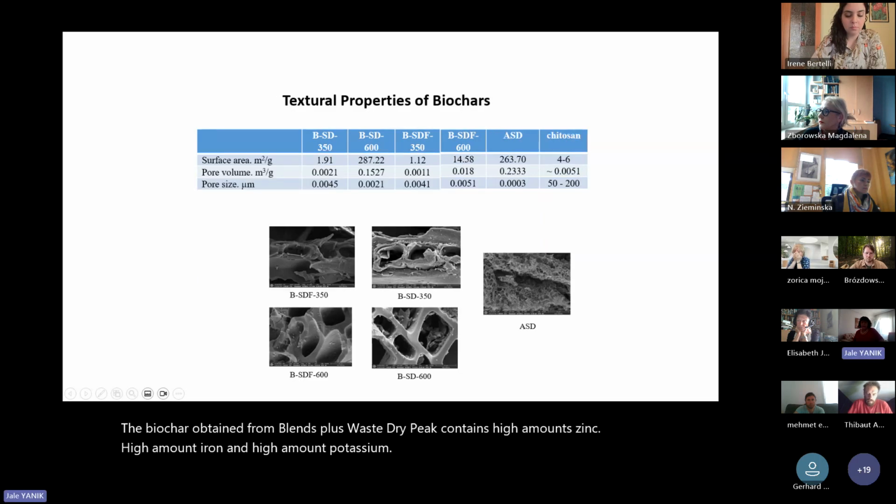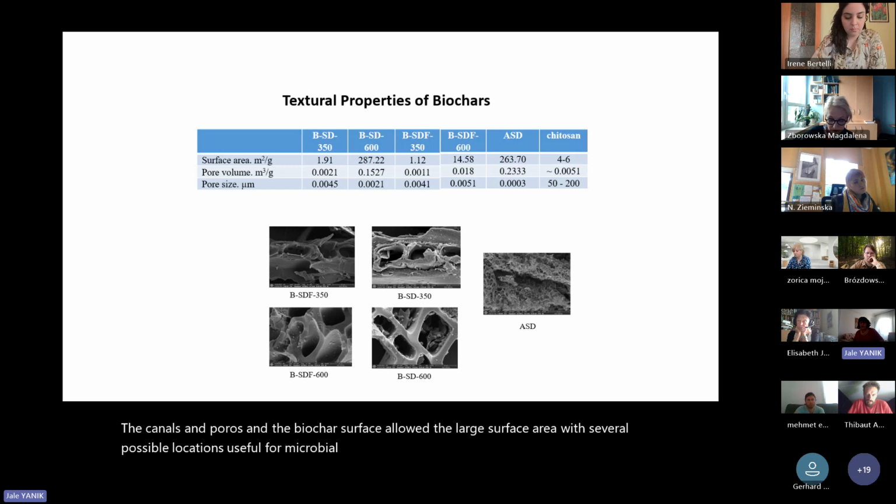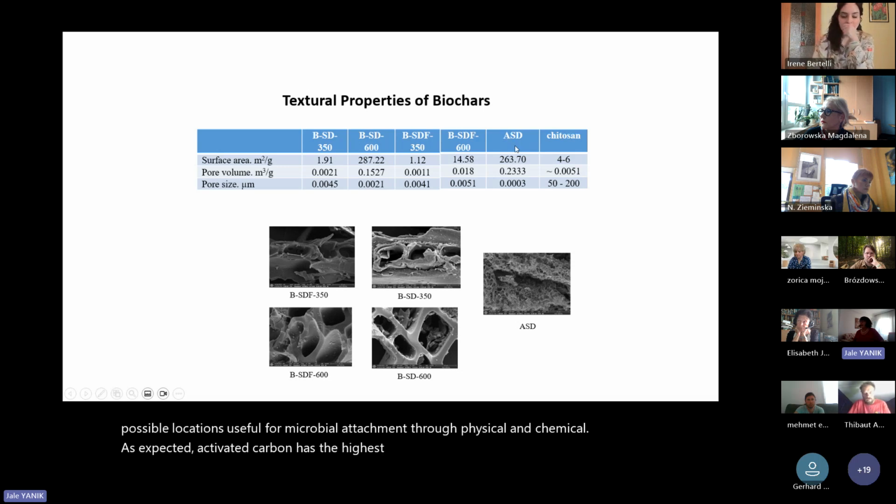The canals and pores on the biochar surface allow a large surface area with several possible locations useful for microbial attachment through physical and chemical interaction. As expected, the activated carbon has the highest surface area.